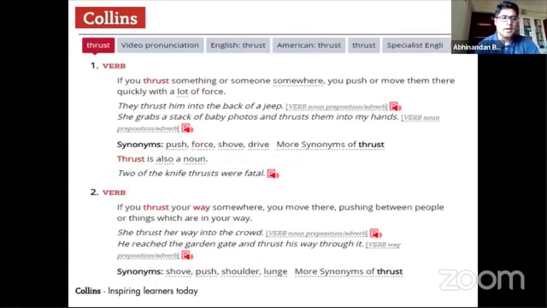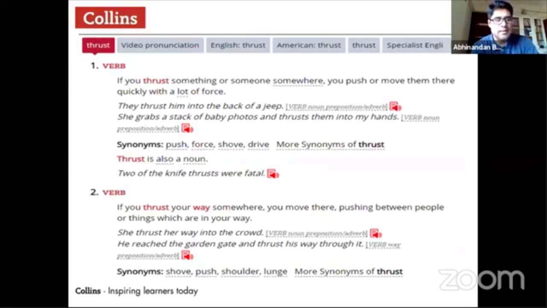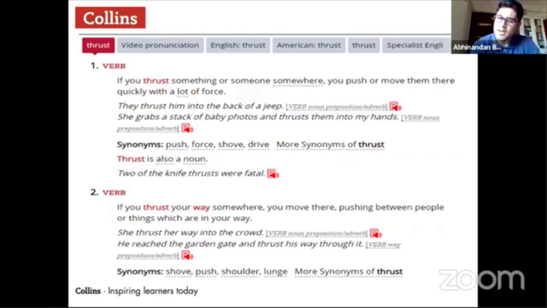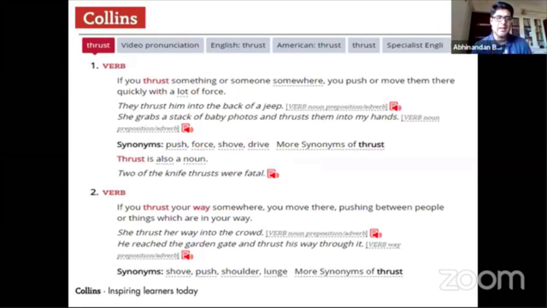Looking at the next word, thrust. Over here again we observe that if you thrust something or someone somewhere, you push or move them there quickly with a lot of force. That means you're exerting, as mentioned by some of our participants today, a lot of exertion.